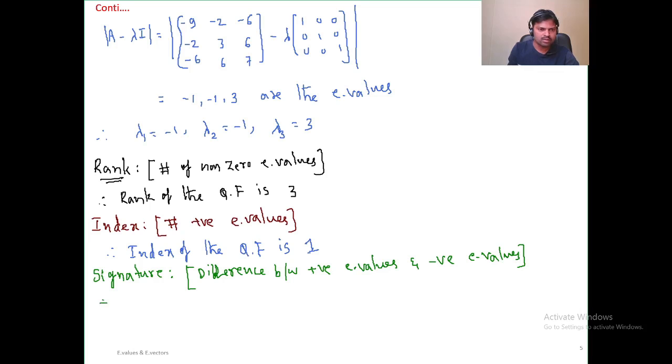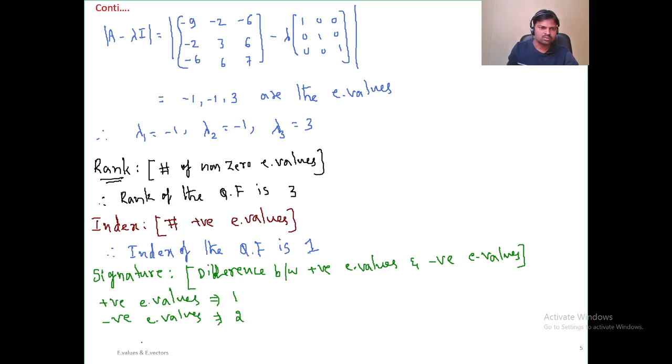Now, how many positive eigenvalues? Only 1. Negative eigenvalues: how many? 2. Total 2 negative values, minus 1 and minus 1.